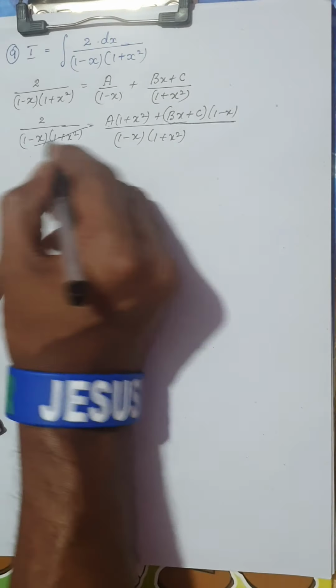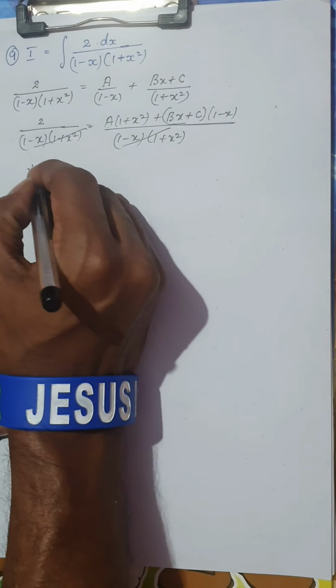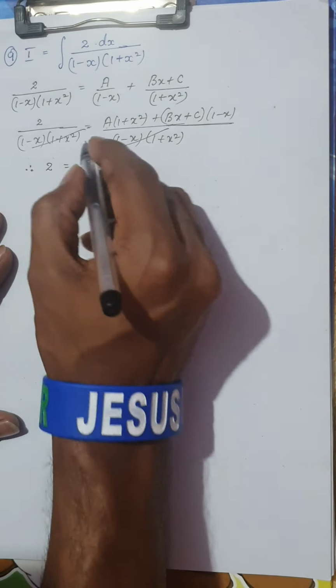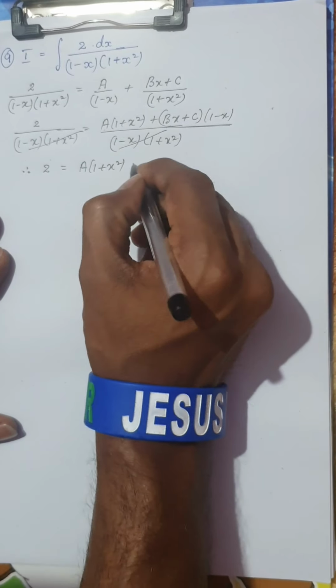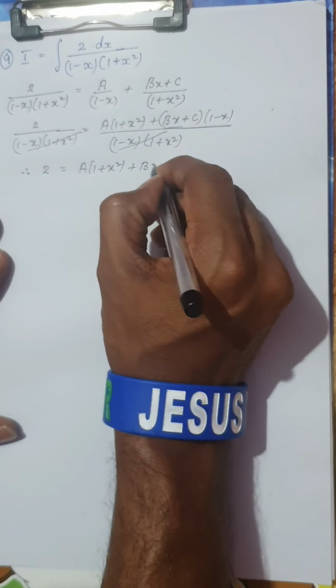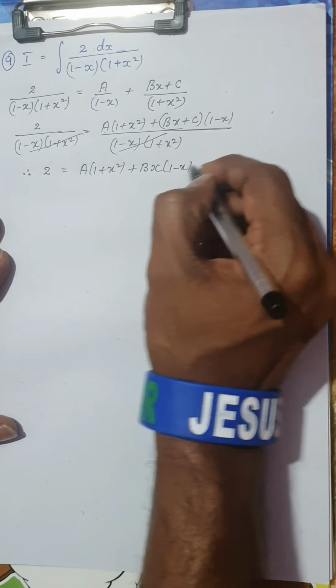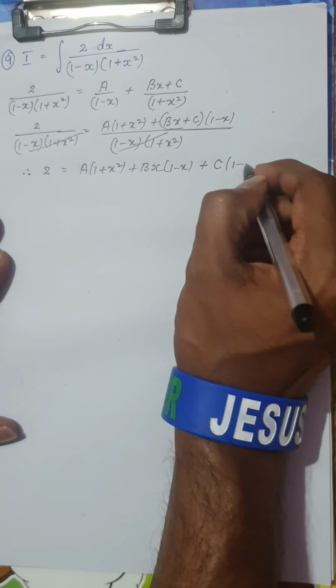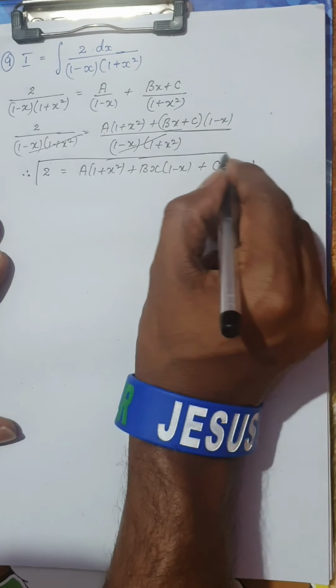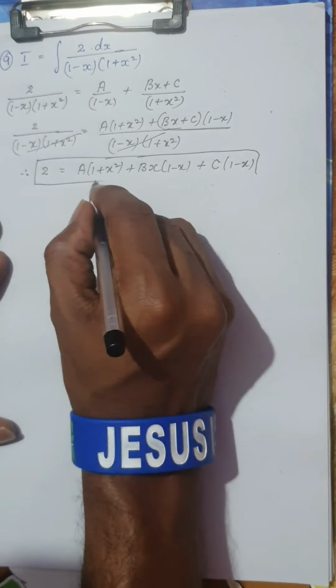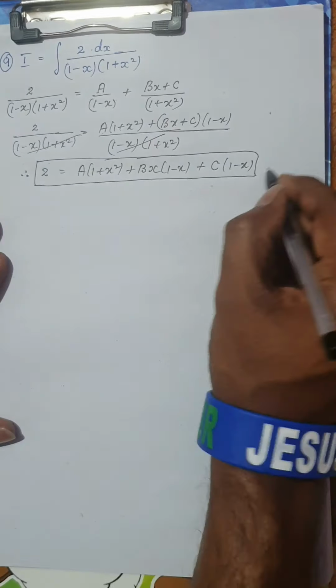The denominators are the same here, therefore my equation would be 2 is equal to a into 1 plus x square plus b into x into 1 minus x plus c into 1 minus x. So this is the important equation which would give me the values of a, b and c.